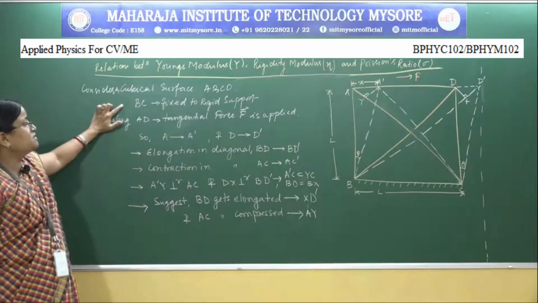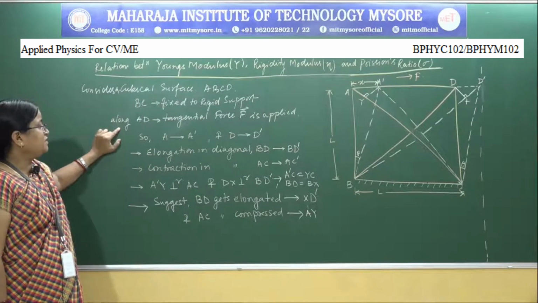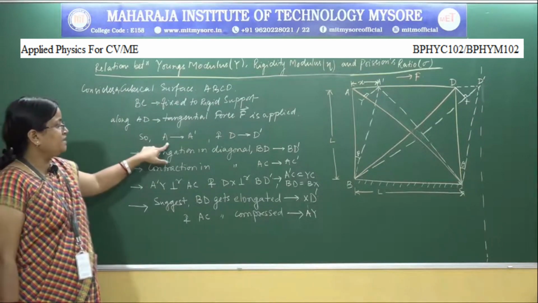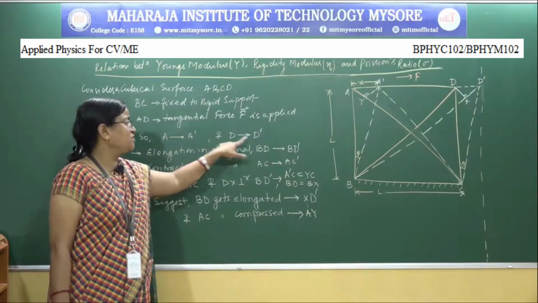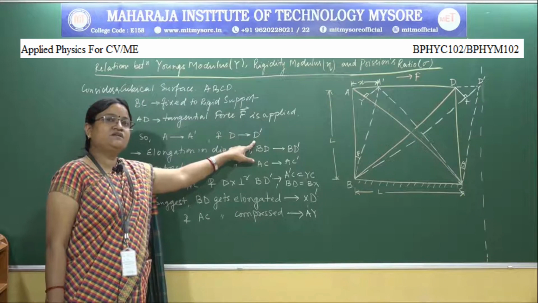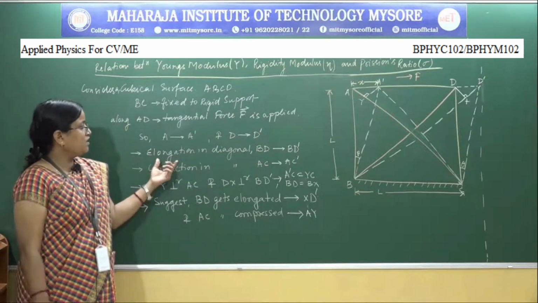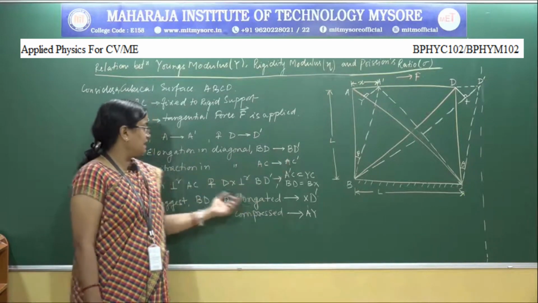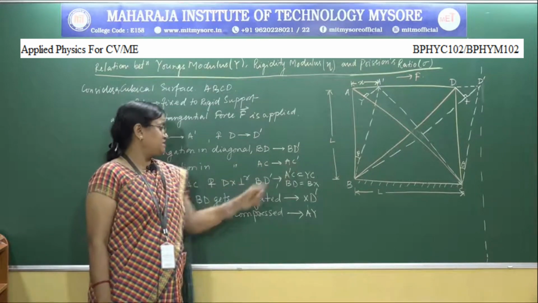So that is what we have written. We have fixed the BC and along AD a tangential force is applied. So A changes to A dash and D changes to D dash, the new position after applying the tangential force. So there is elongation in the diagonal BD, which is now BD dash, and contraction in the AC, which is now AC dash.